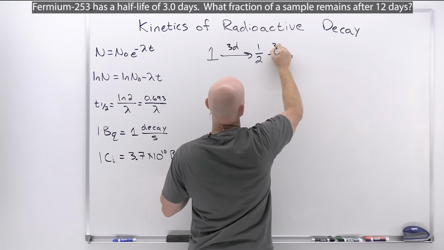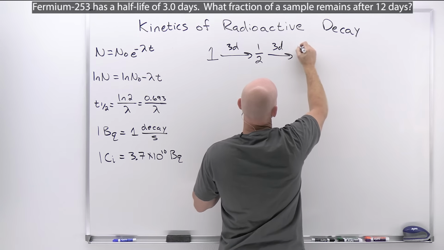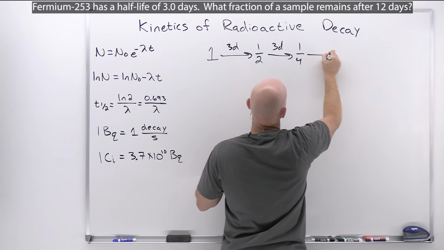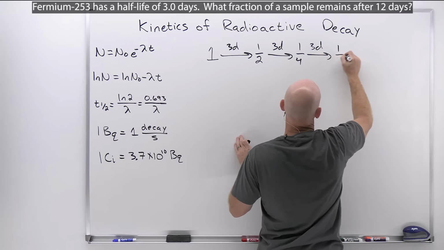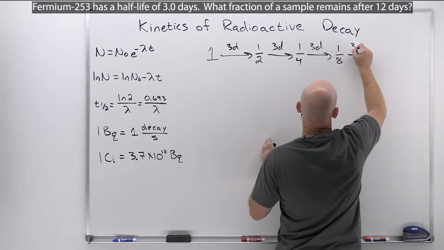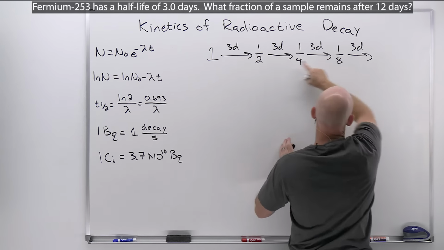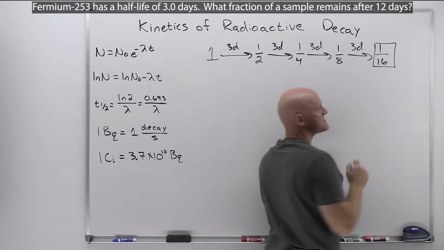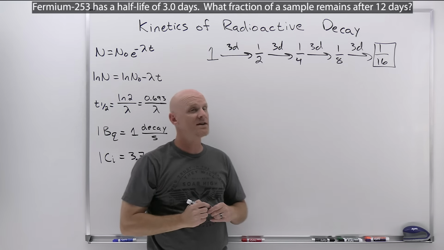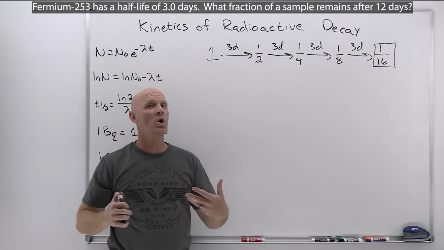And over the next 3 days, after a total of 6 days, half of a half is 1/4. After the third half-life, another 3 days, a total of 9 days, half of a fourth is 1/8. And then finally, after a fourth set of 3 days, a total of 12 days, half of an eighth is 1/16.